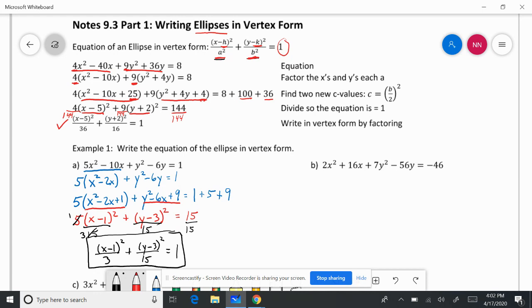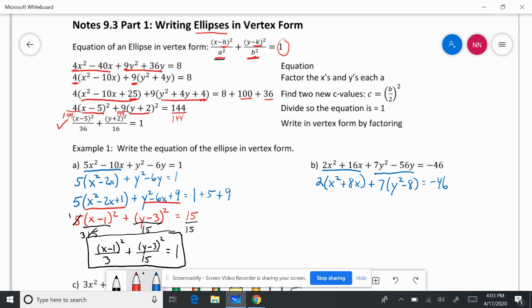Now, looking at letter B, we're going to do the same thing. First, we're going to factor out our a value. Our a value for the x's would be 2. Our a value for the y's would be 7. Now we're going to find our c value.